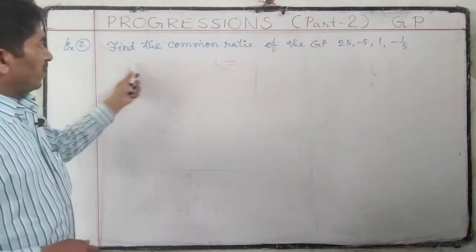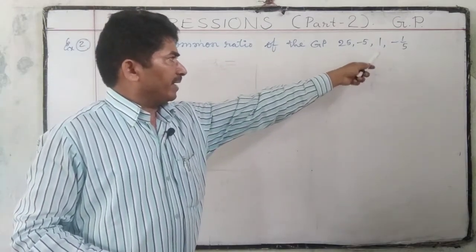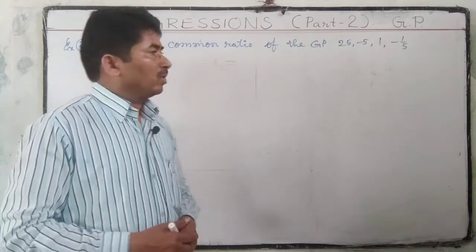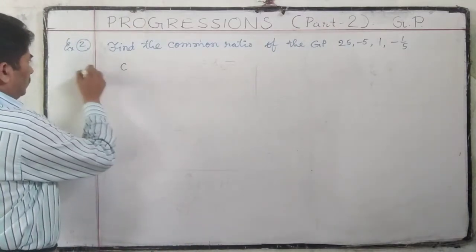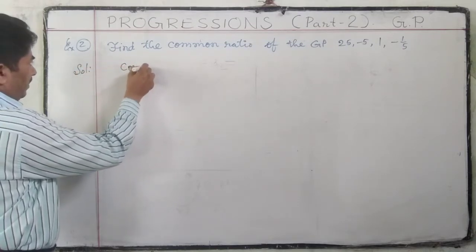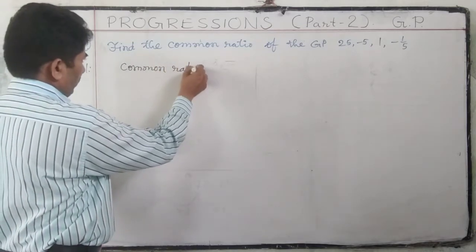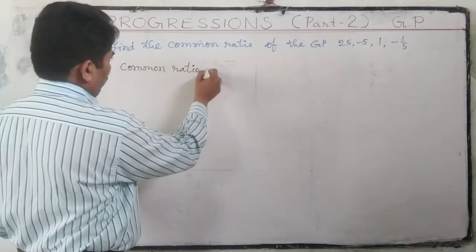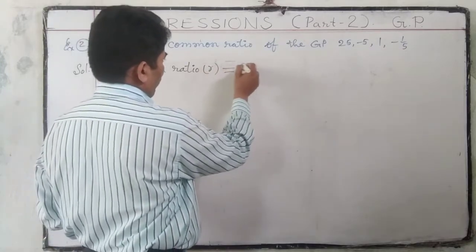Second example, find the common ratio of the GP 25, minus 5, 1, minus 1 by 5. To find the common ratio, solution: we have to know the formula.